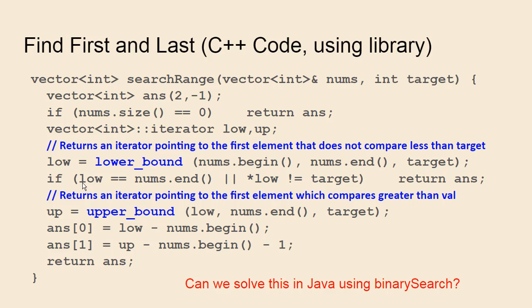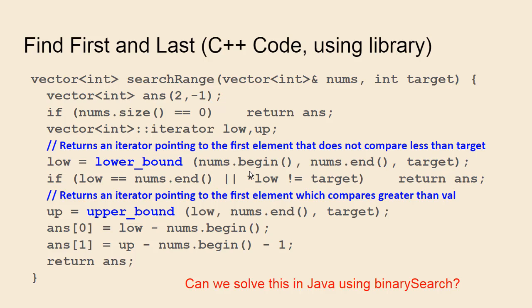When this is the last, that means none of the elements is greater than or equal to target. In other words, all the elements are less than target. So in that case, we'll return -1, -1.